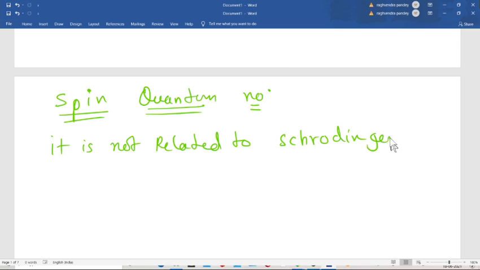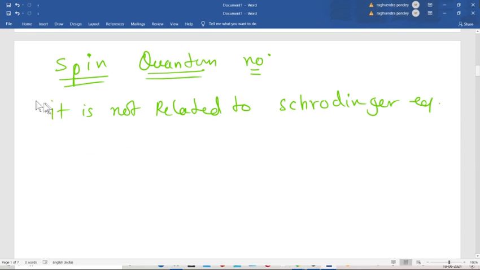All the other three are related to the Schrodinger equation, but this spin one is not related to the Schrodinger equation.